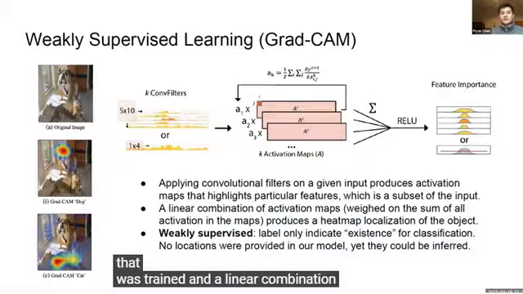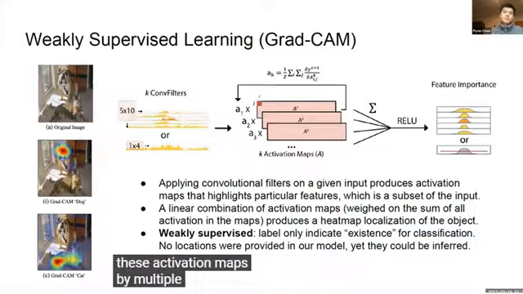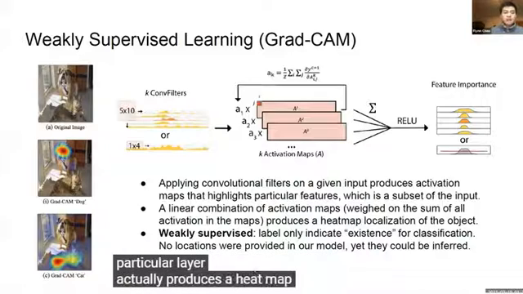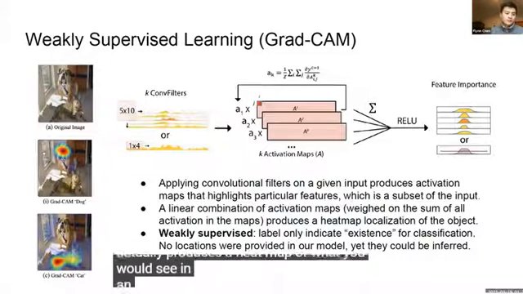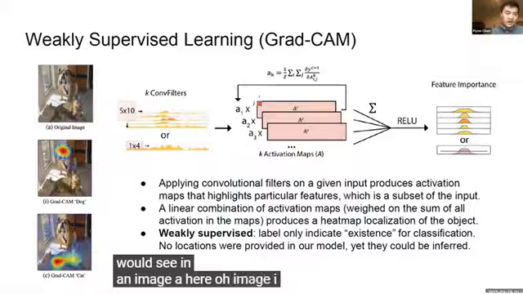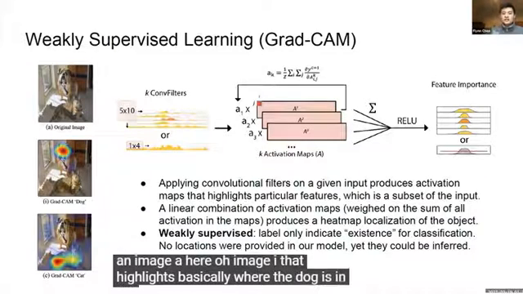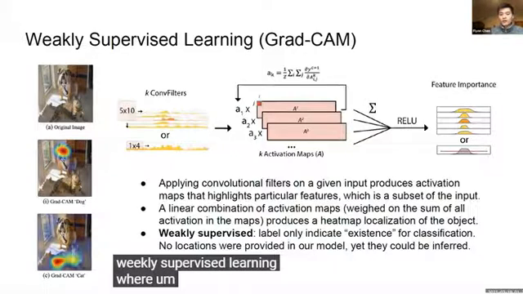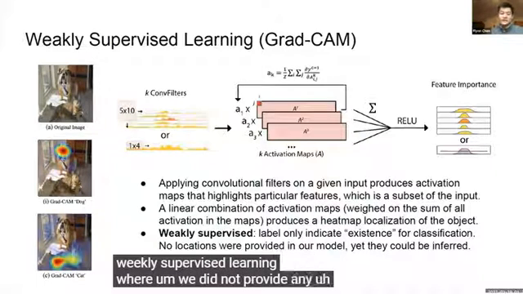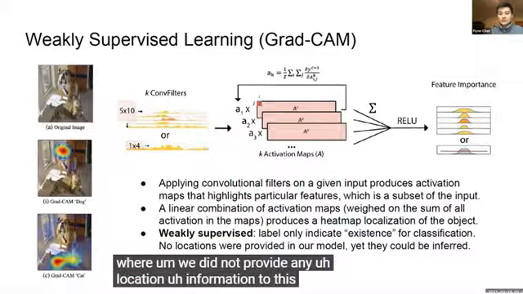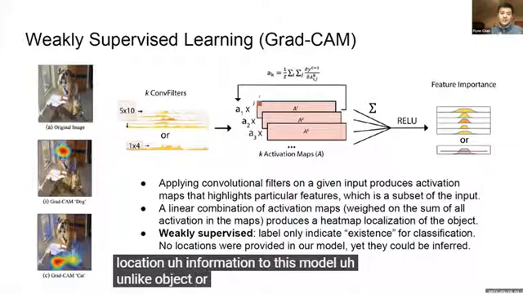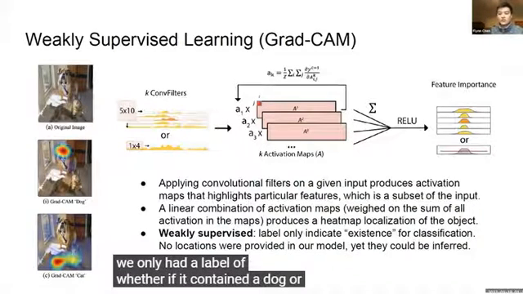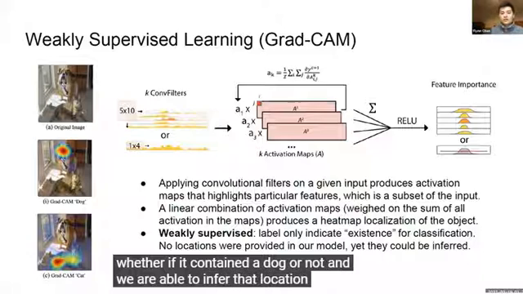A linear combination of these activation maps by multiple convolutional filters in a particular layer produces a heat map, as you would see in image A here, that highlights where the dog is in the image. Essentially, this is the idea of weakly supervised learning, where we did not provide any location information to this model. Unlike object or semantic segmentation, we only had a label of whether it contained a dog or not, and we are able to infer that location information.